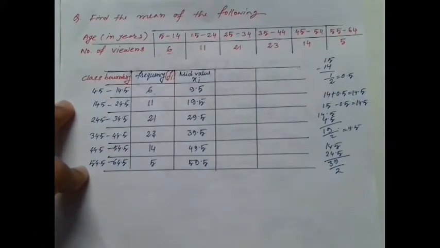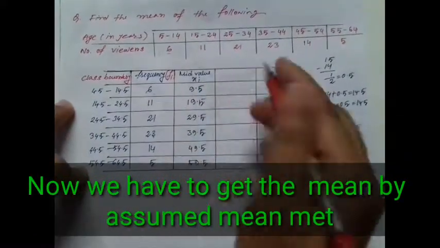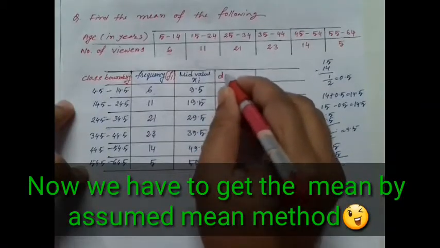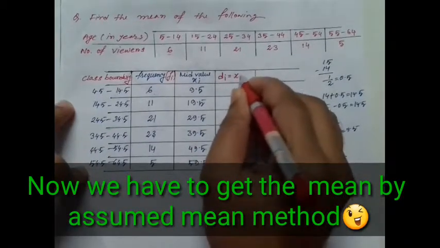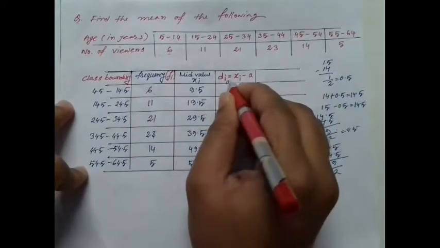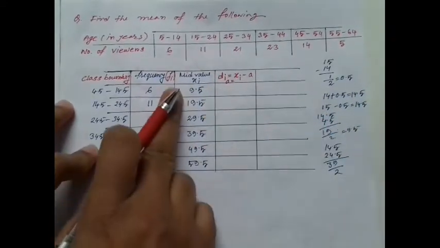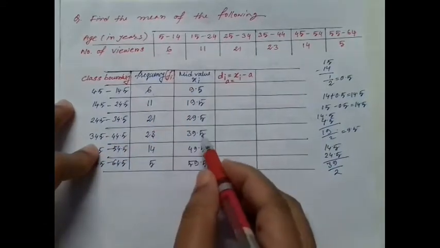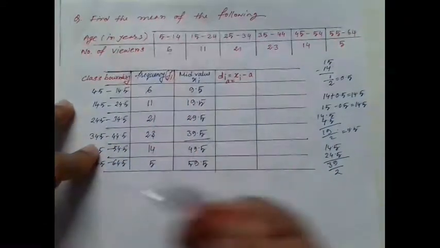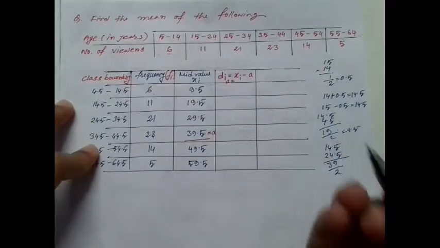Now if we want to do it in the process of assumed mean, that time we have to calculate di equal to xi minus a, and a we should take from any value from xi, mid value, but we should take the middlemost. So I am taking here 39.5 as a. Okay, this one is our a.